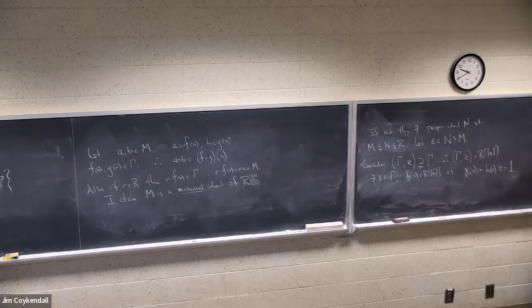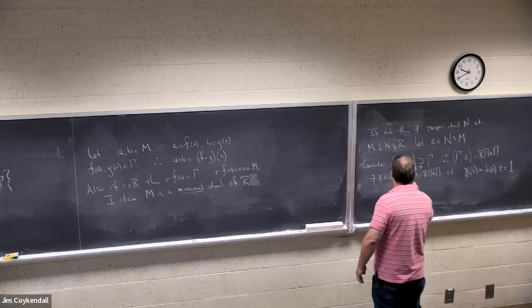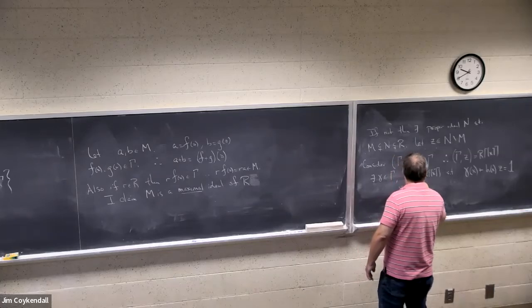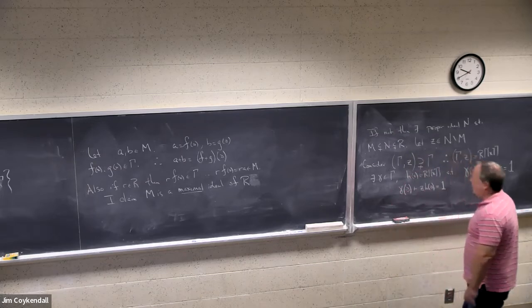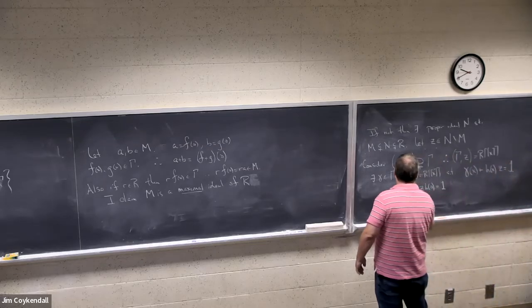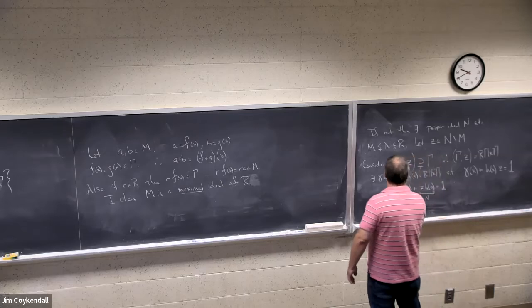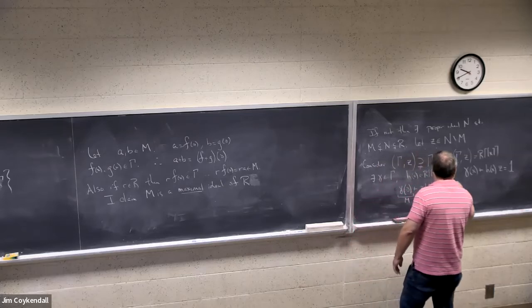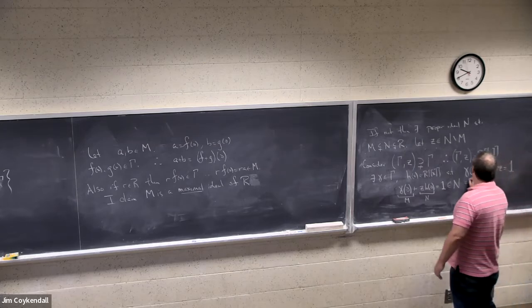Correct. Now, plug in 0. Correct. And notice that this thing is in M and Z is in N, so this is an element of N. And there's the contradiction.